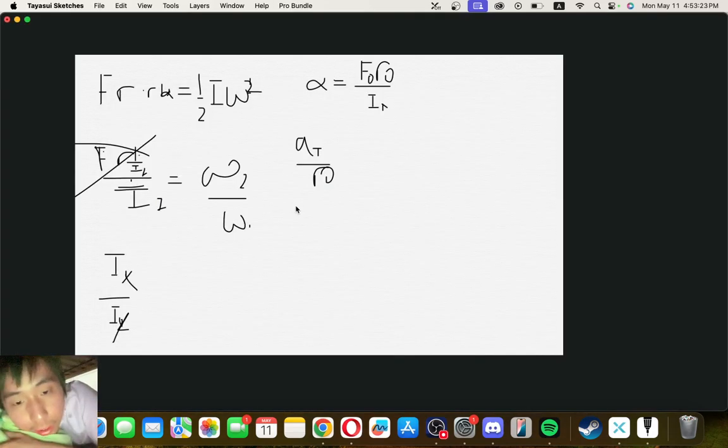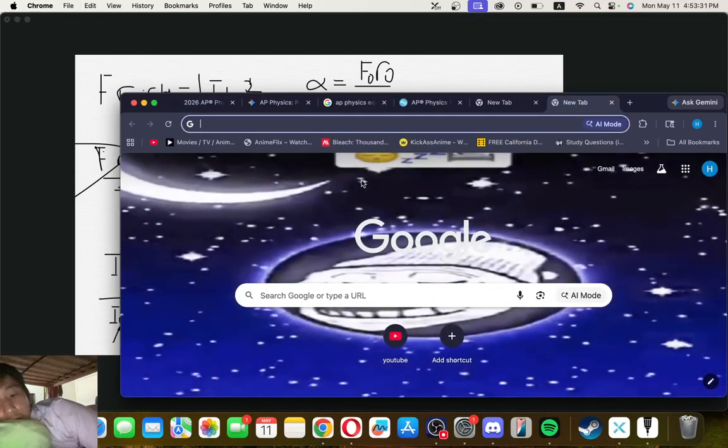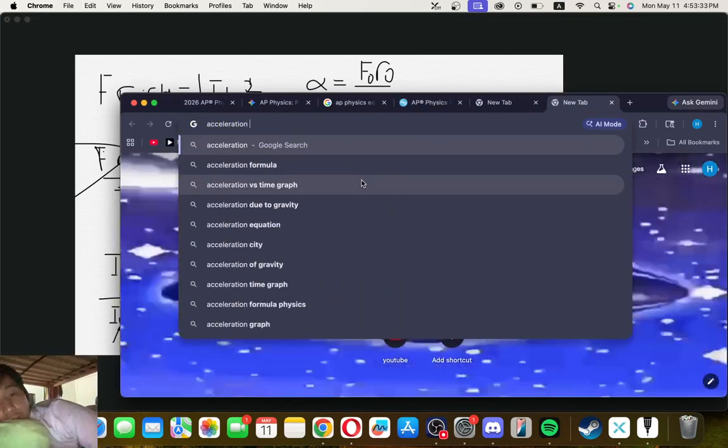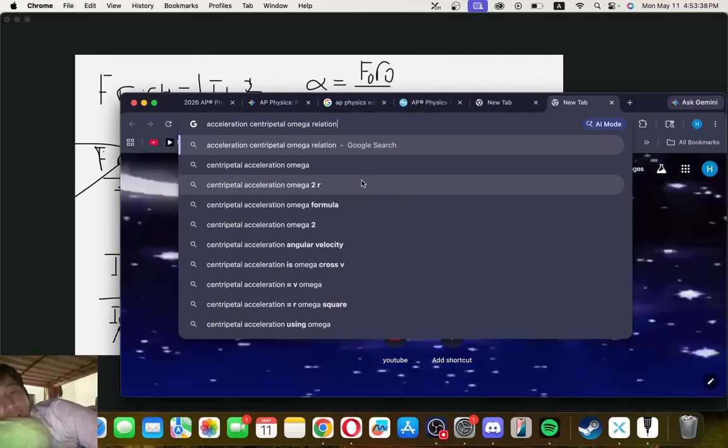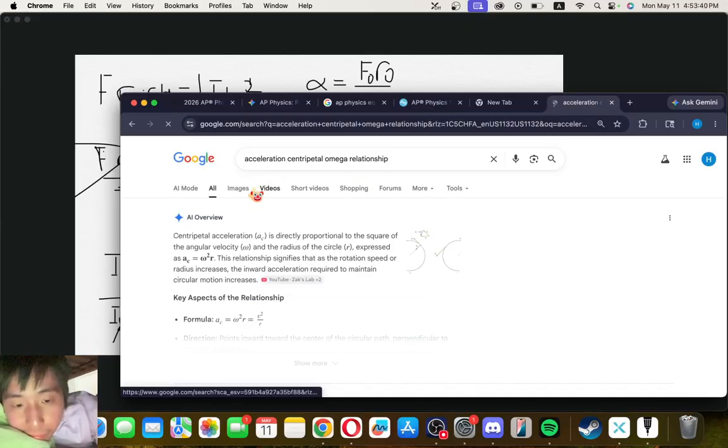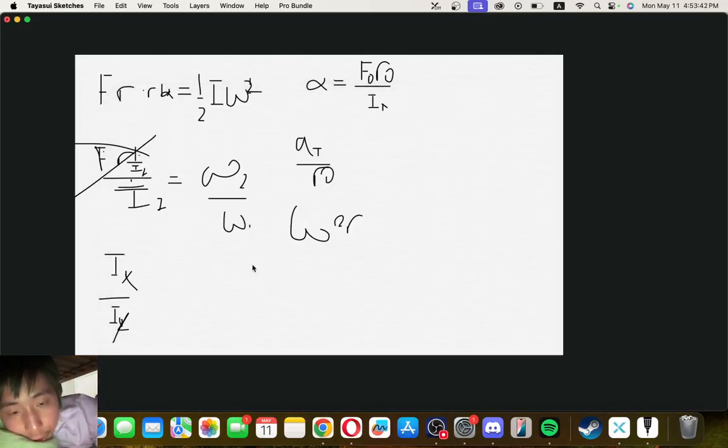Bro, but I know that omega squared R is equal to A tangent, right? The centripetal acceleration omega relationship. Yeah, I'm right.